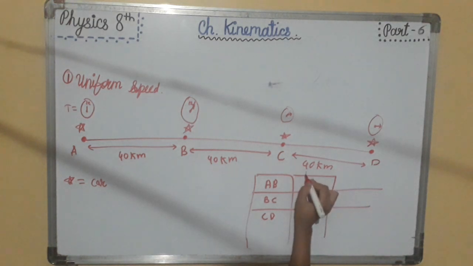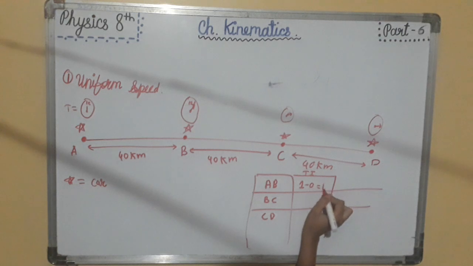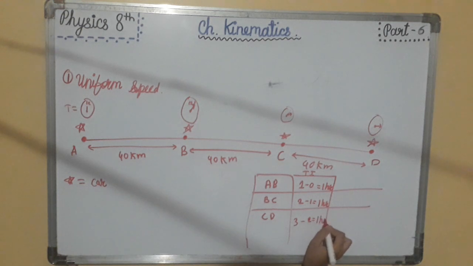The time interval is 1 hour for AB, 1 hour for BC and 1 hour for CD.